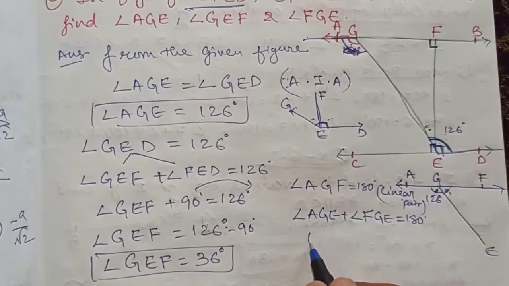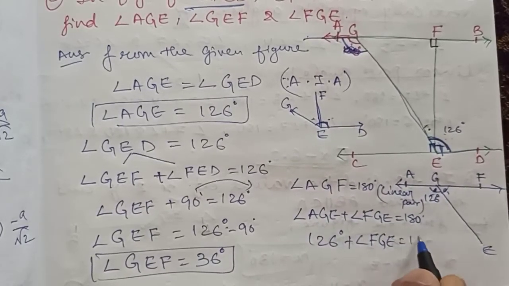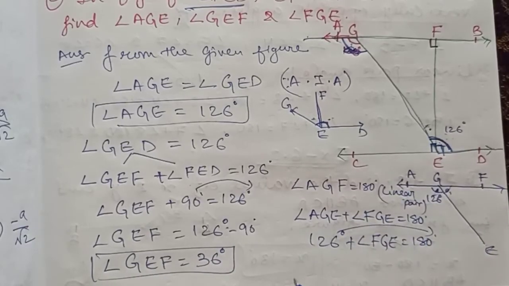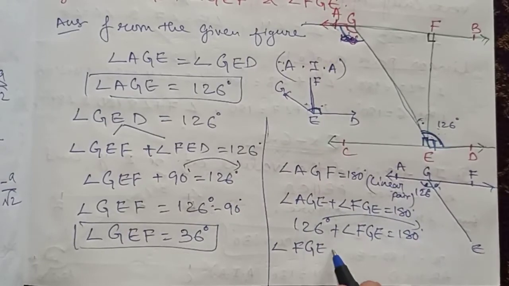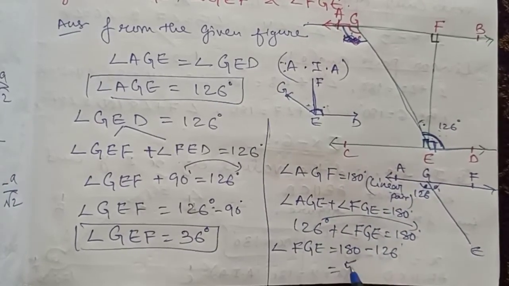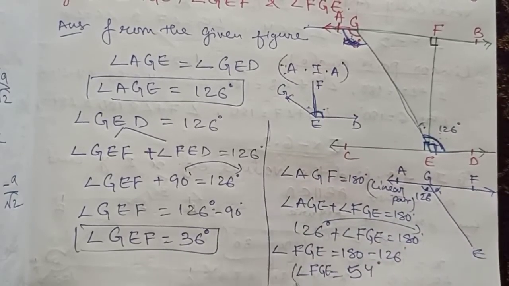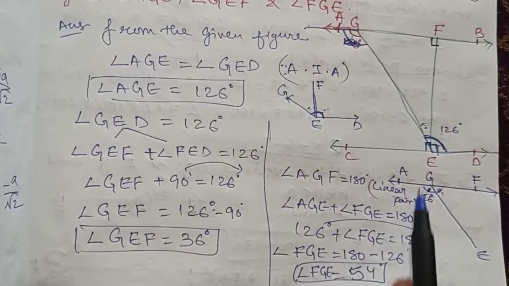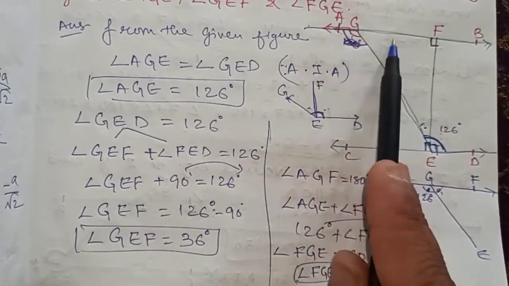AGE is how much? 126 degree plus angle FGE equals to 180 degree, so shifting 126 this side, angle FGE equals to 180 minus 126 degree, that is 54 degrees. So angle FGE equals to 54 degree. In this way we can calculate this angle by taking the linear pair angle condition.